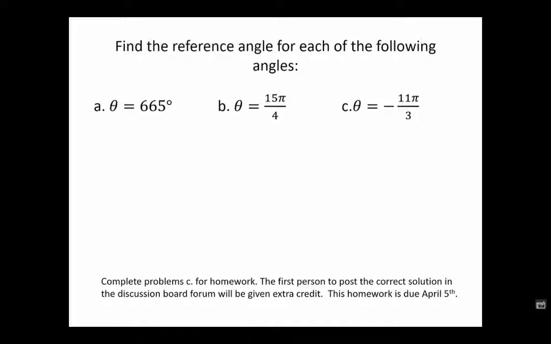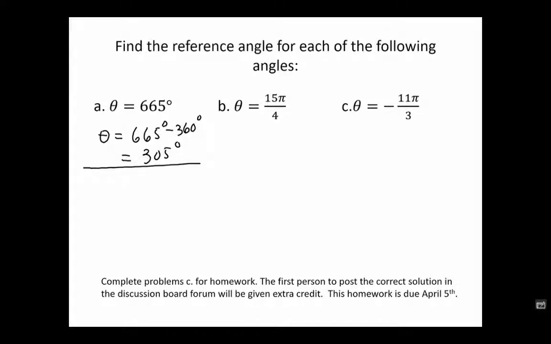All right, so a positive coterminal angle, and you remember how we find coterminal angles, we're adding or subtracting multiples of 360 degrees. So in this case, I want a positive coterminal angle. So what do we have here? Minus 360 degrees. So we get that theta is 305 degrees.